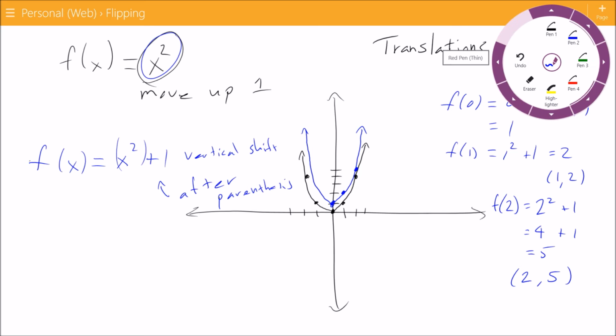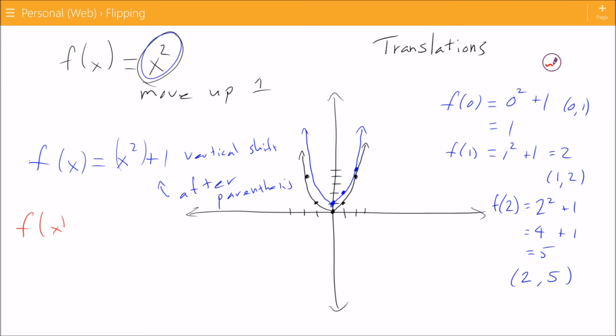If I want to slide that negative, I could do f of x equals x squared minus 1. f of 0 is going to equal 0 squared minus 1, which gives me the new point 0, negative 1. f of 1 similarly would give me 1 squared minus 1, which gives me 1, 0.